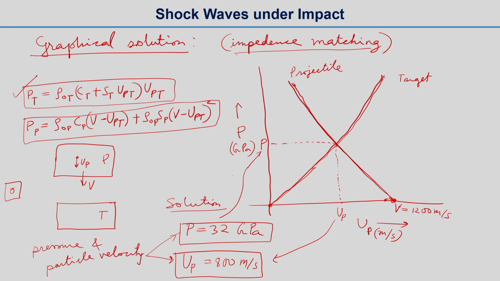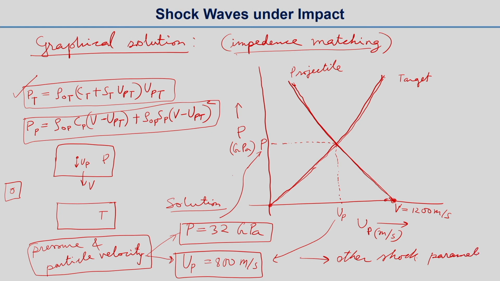If we know these two parameters, we can obtain the other shock wave parameters using the Rankine-Hugoniot equations. So, if we get the pressure and particle velocity, then from here the other shock parameters can be found.